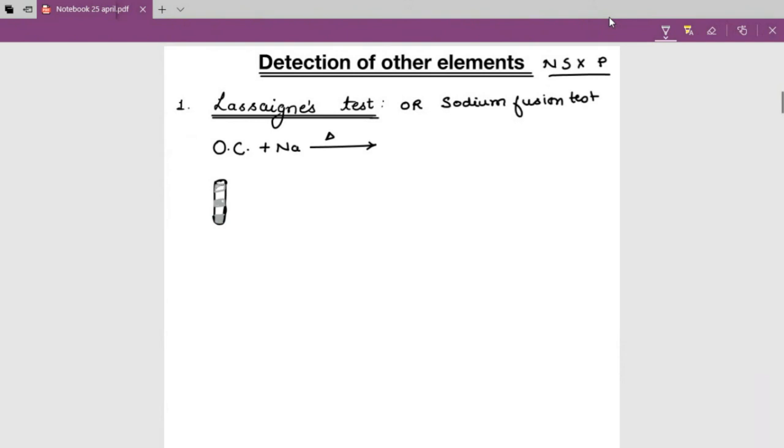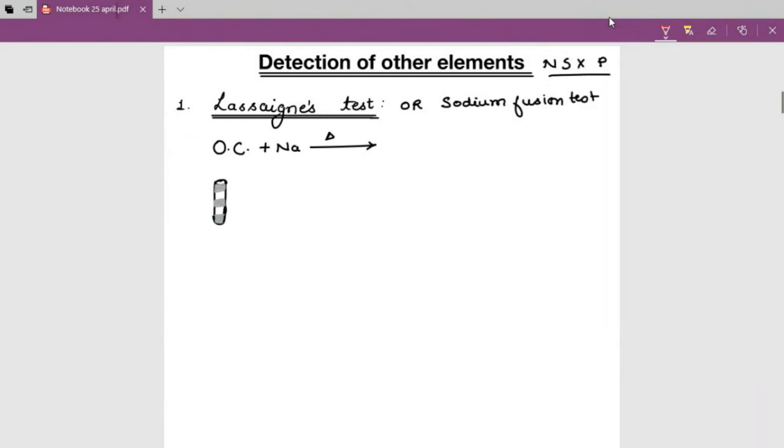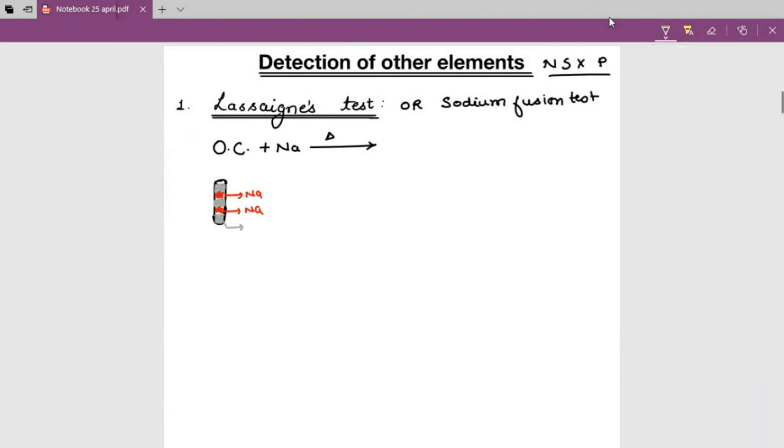We fill the tube like this by repeated method. Here it is sodium, here it is sodium, and this gray thing was organic compound. So we form this type of bedded structure, one after the other.